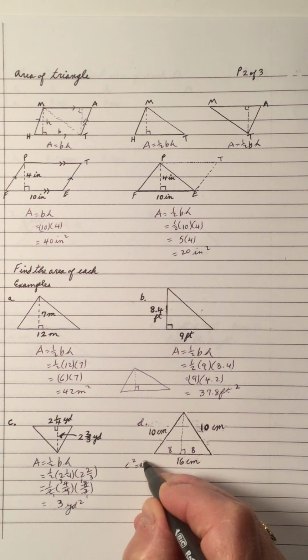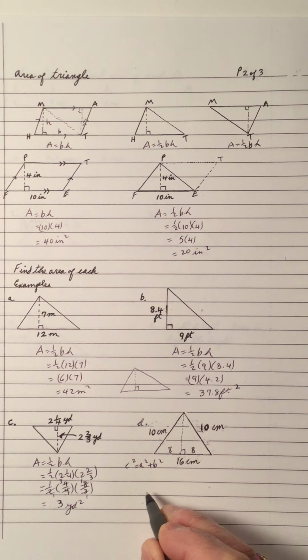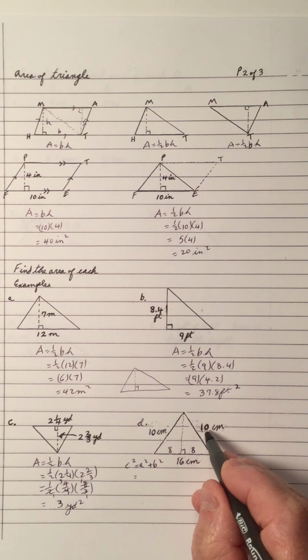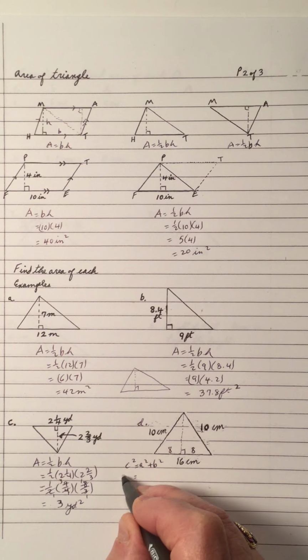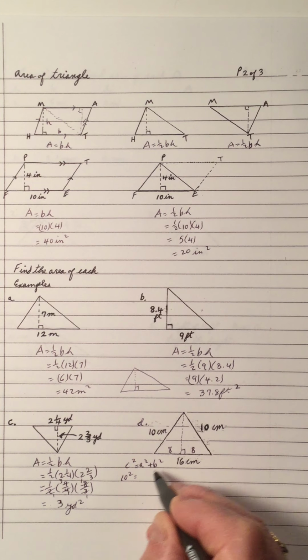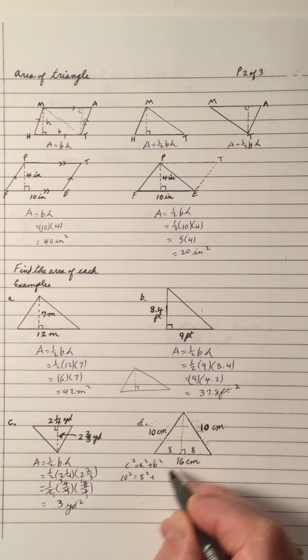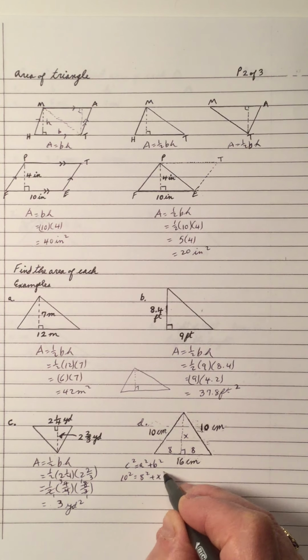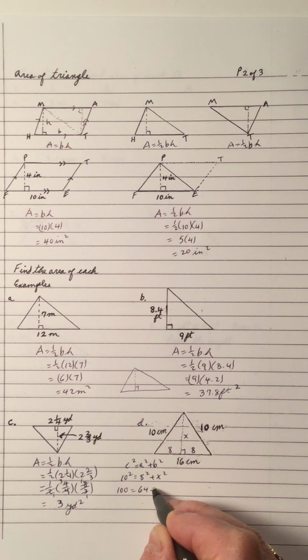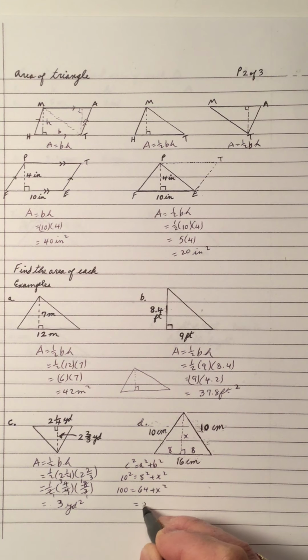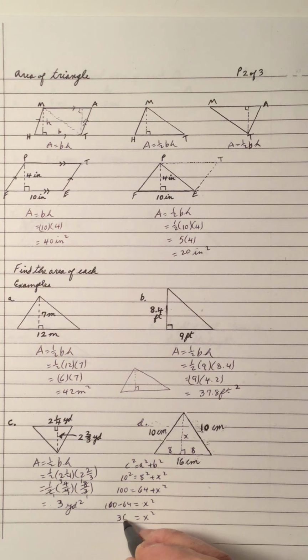C squared equals A squared plus B squared. And using this property, the C is the hypotenuse across from the right angle, so that's 10 squared. A is 8, and B we can call it X if we want. 10 squared is 100, 8 squared is 64, and that means X squared, if I leave it there, is 100 minus 64, and that gives us 36.